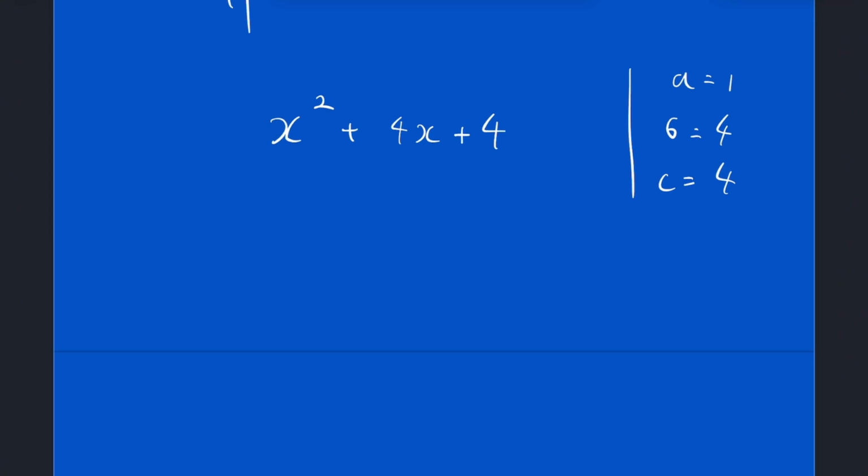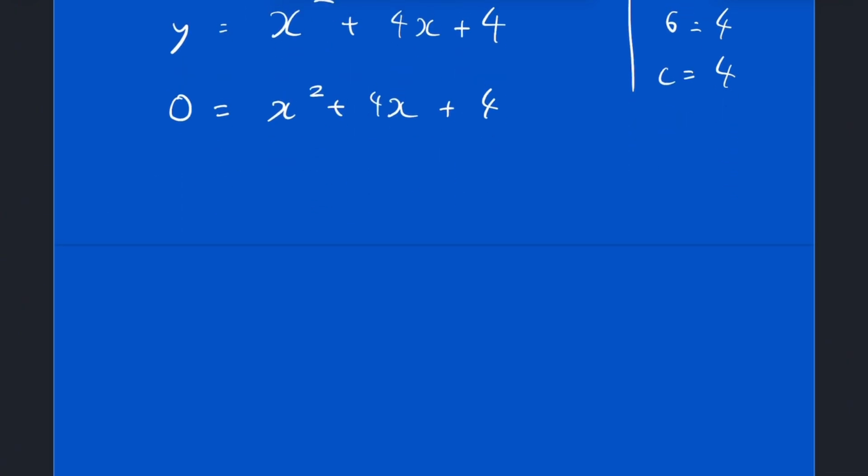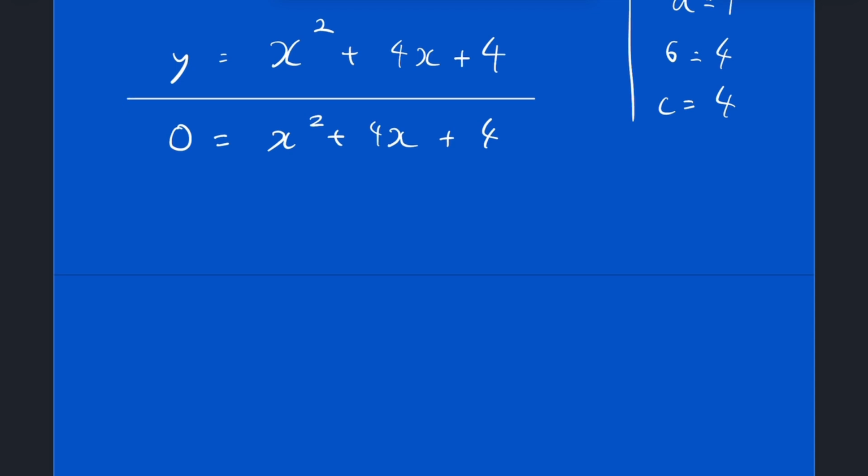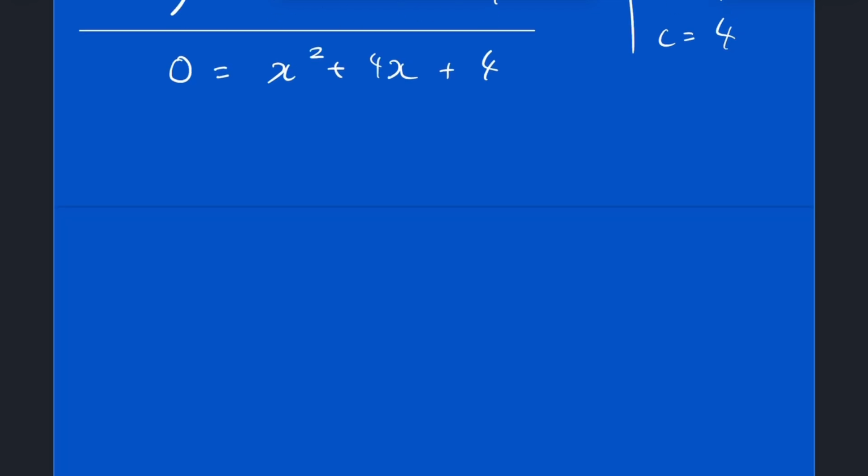So, therefore, the way we solve this, so y equals this function, here's our quadratic. Now, we want to solve this for x squared plus 4x plus 4. So, imagine you saw this in your exam, and it says factorize this or solve this, okay? To solve this quadratic, we need to understand something. I've just said that there's ax squared plus bx plus c, right?